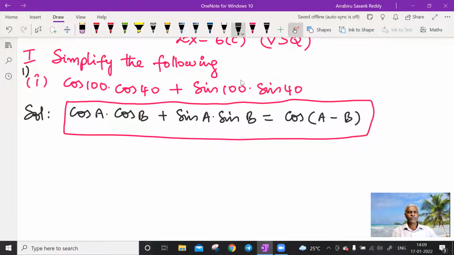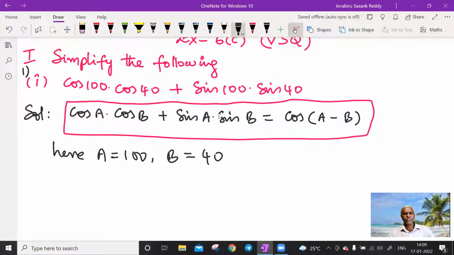Look at this one. This is in the form of cos A cos B plus sin A sin B. This is the cos(A minus B) formula. Here, if you compare, A is 100 and B is 40.